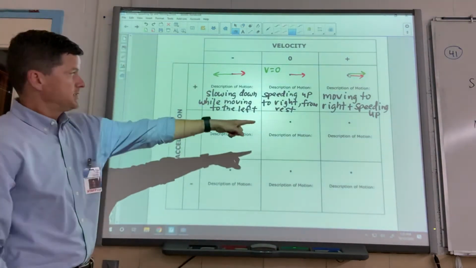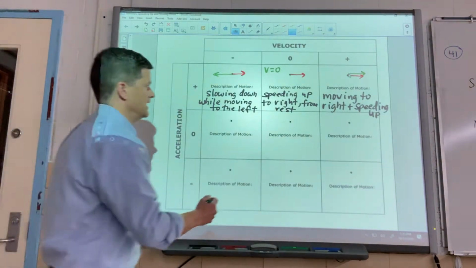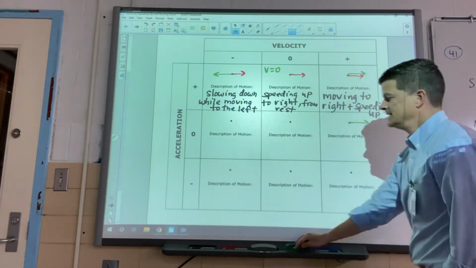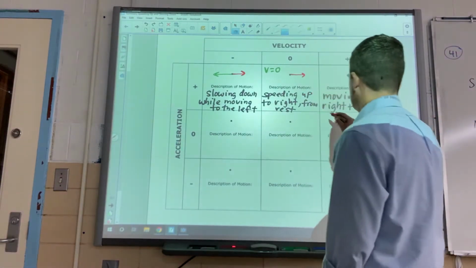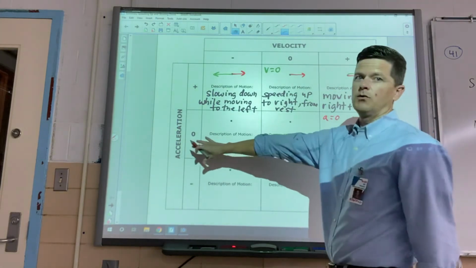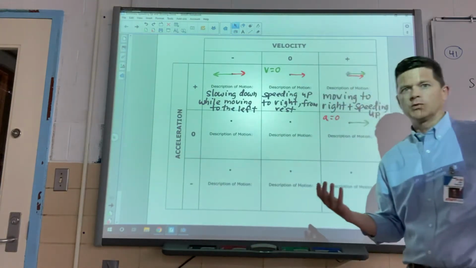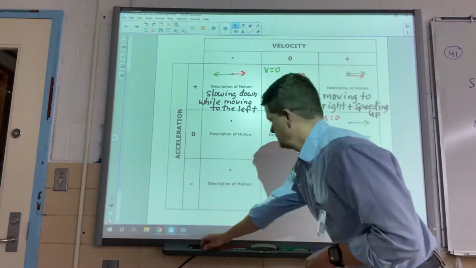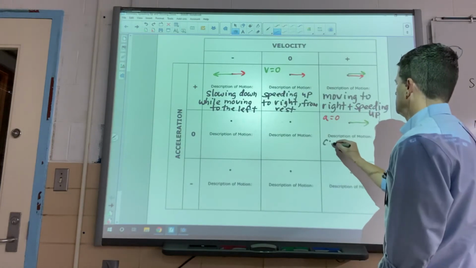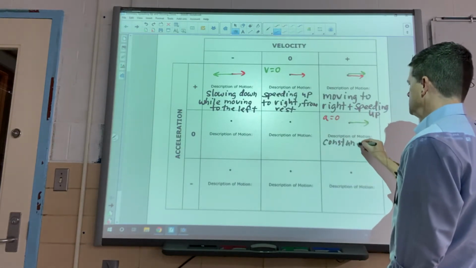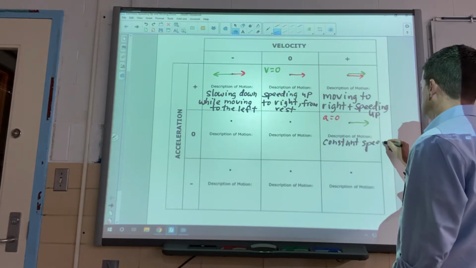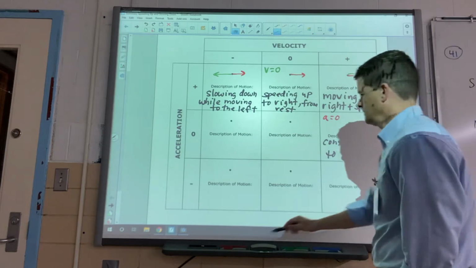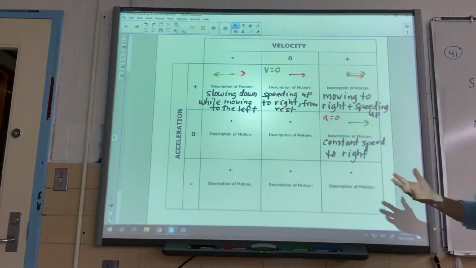Okay, let's go back to the right-hand side here with positive velocity, zero acceleration for this entire row. Zero acceleration just means we're going to have constant velocity. We're going to have steady motion. So we would just have constant speed to the right. No acceleration.